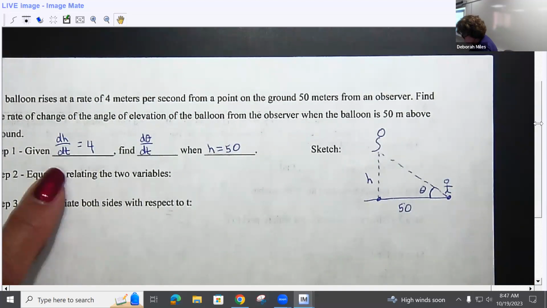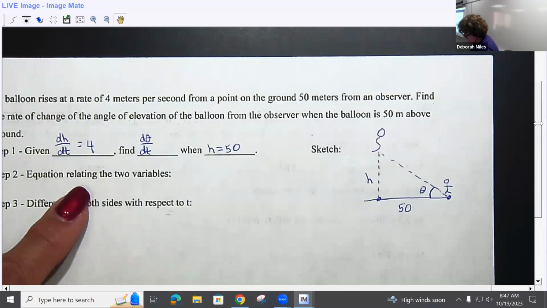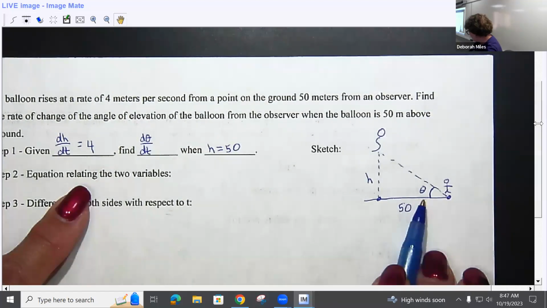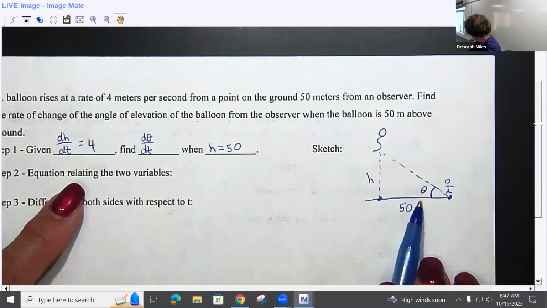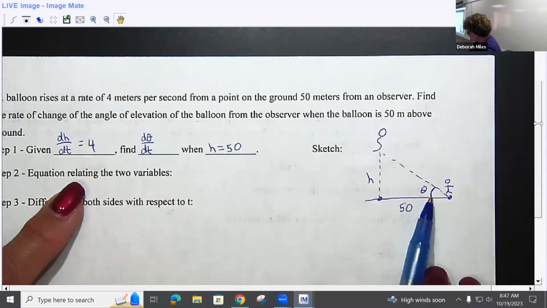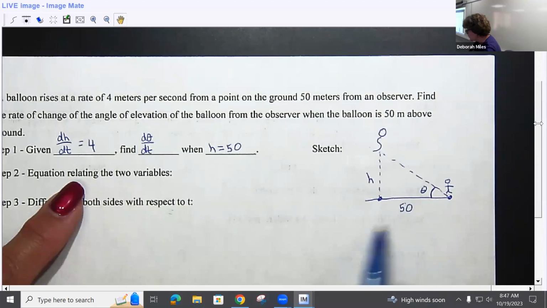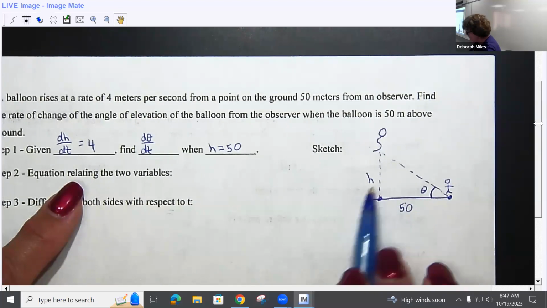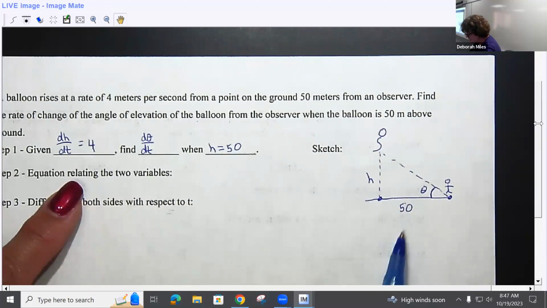Need an equation relating H and theta. Ooh, sine. Give me the whole equation. Y'all are right to be thinking trig. But sine, is that what sine is? That's what tangent is. Tangent's opposite over adjacent. So what's my equation?